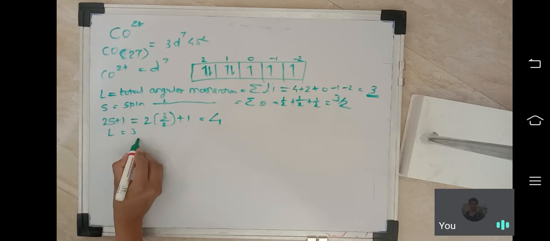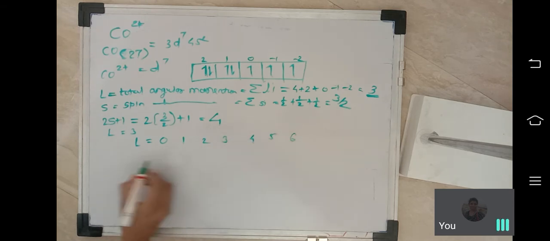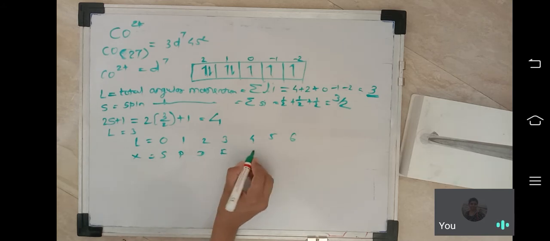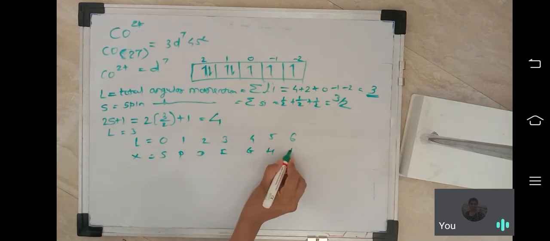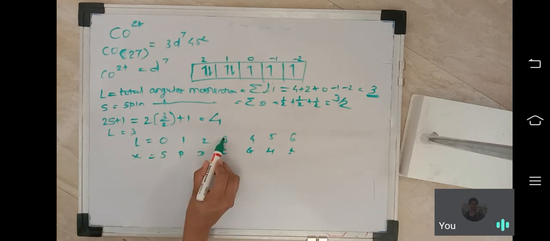Again you write the series. L is equal to 0, 1, 2, 3, 4, 5, 6 and X is S, P, D, F, G, H, I. Here the value of L is 3.